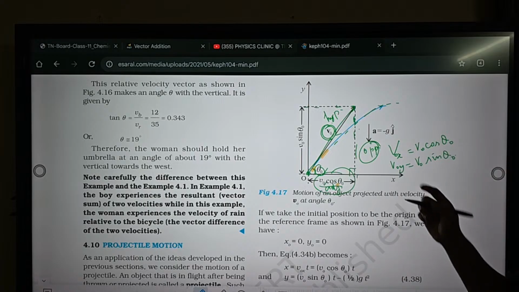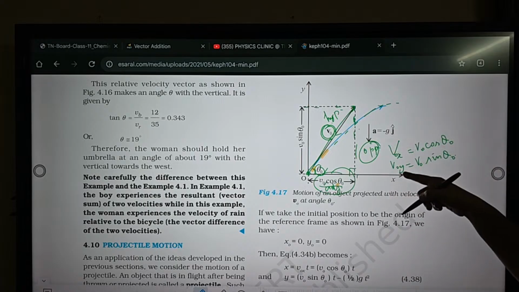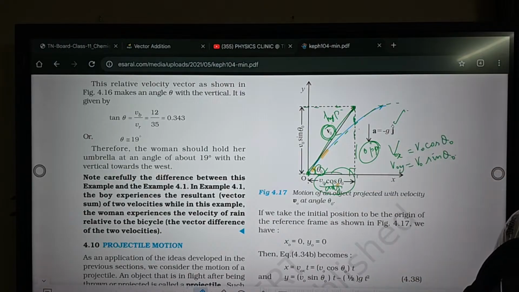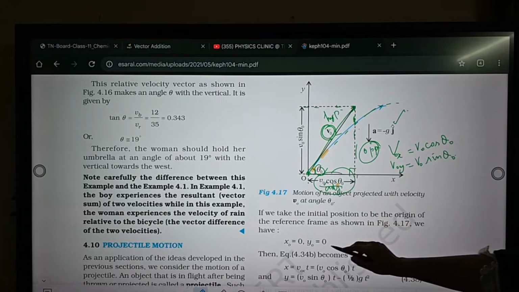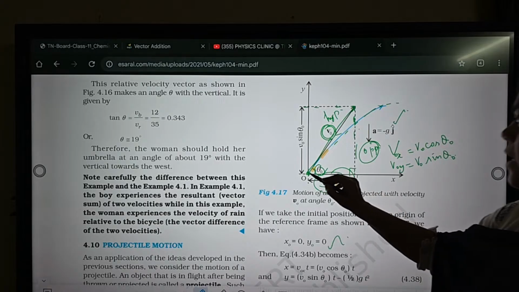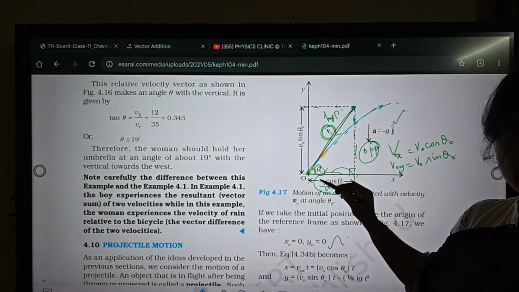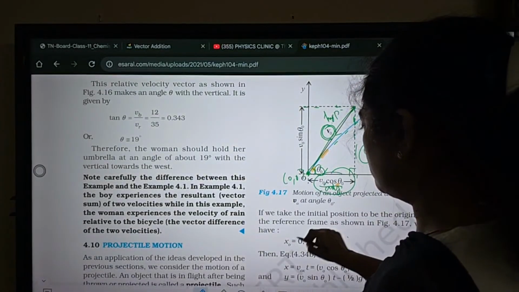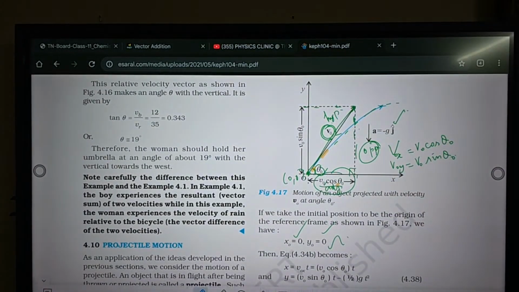Is it clear? Acceleration acts downwards definitely, so it is minus g j cap, because it is along the y axis. Is it clear? Then if we take the initial position, we are taking this as the origin, right? The x and y axes meet at the origin, so 0, 0. So x naught is 0, and y naught is also 0 here.